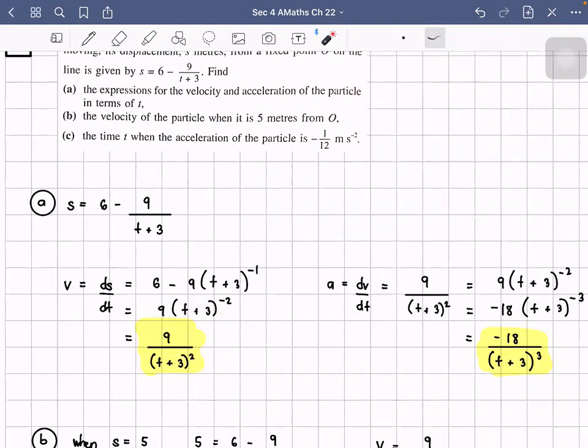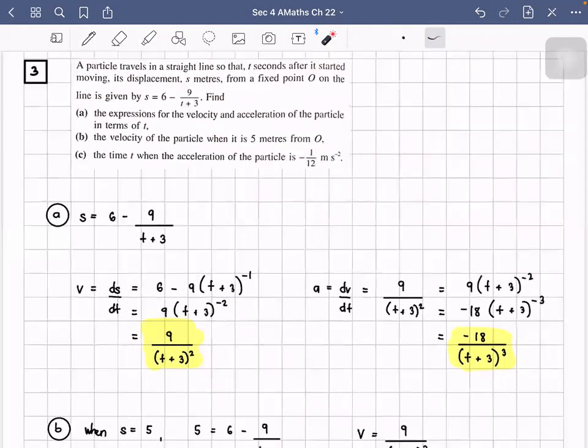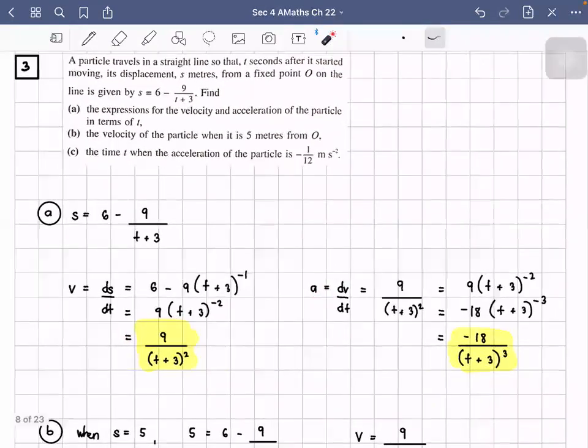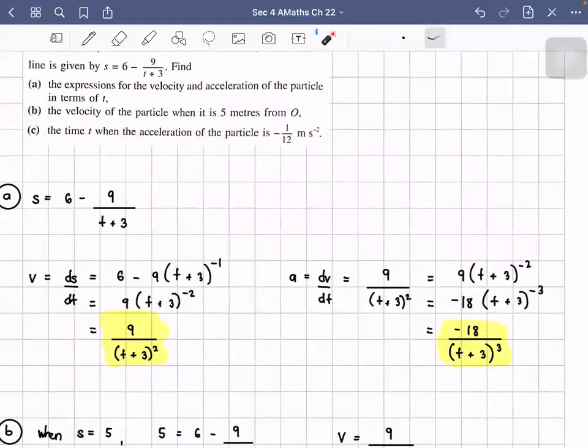Now, how about for my acceleration function? For my acceleration function, basically, I just need to derive the velocity function right here. Again, I don't want to use quotient rule. What I did here is just to put it in the numerator. That's why this is raised to negative 2.